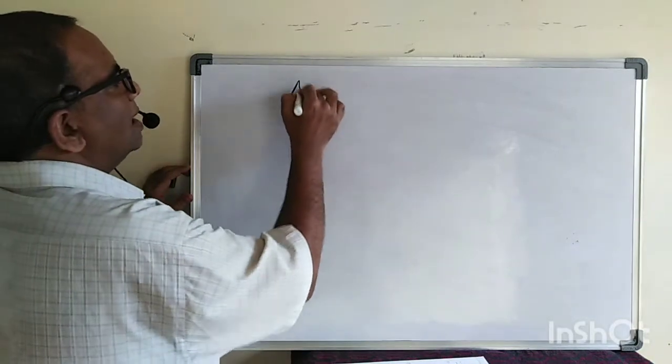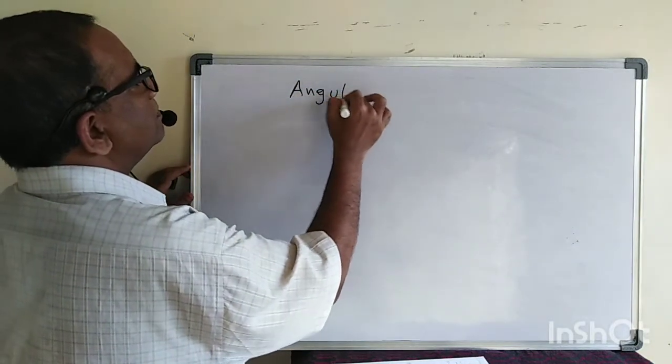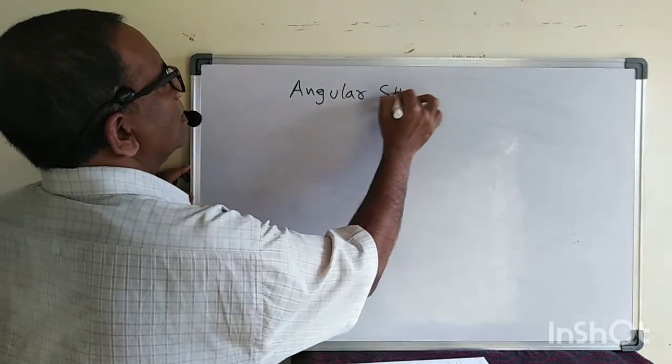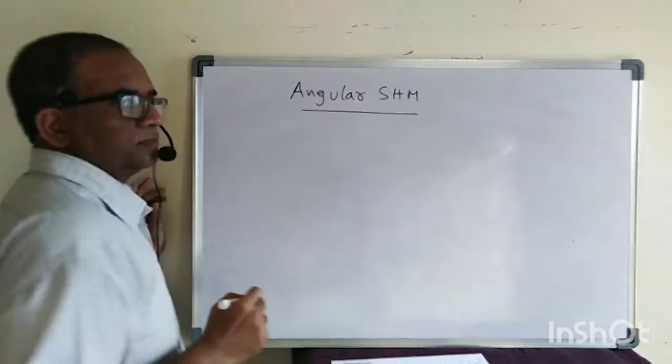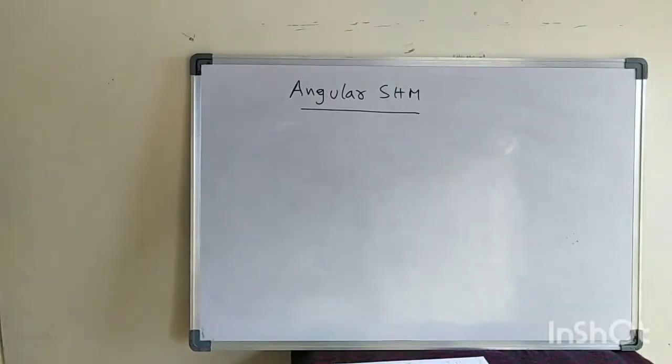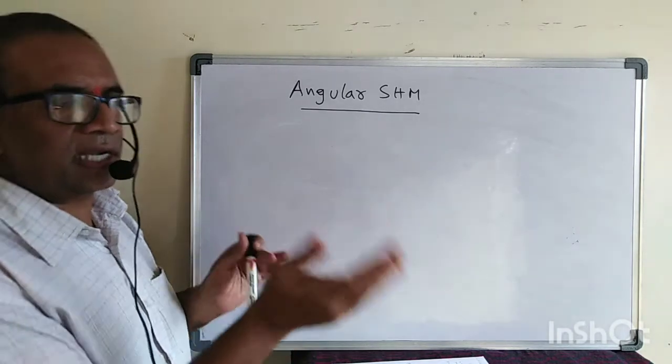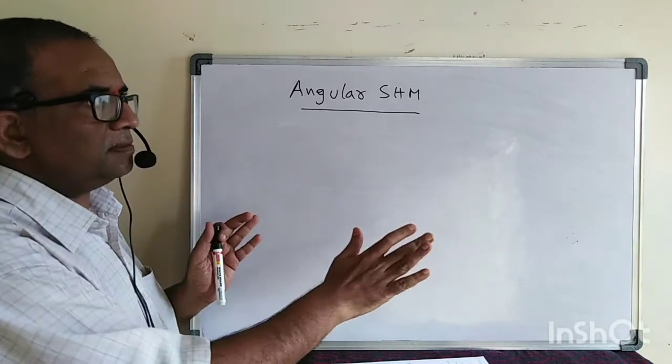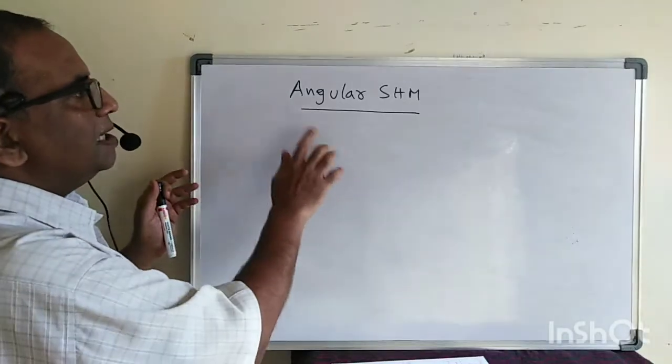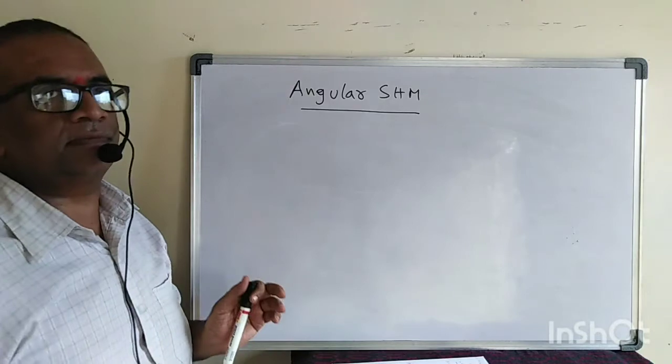See, this is called angular SHM. What do you mean by angular SHM? Angular SHM means, just like we have our regular SHM, that is linear SHM, similarly here we will discuss in terms of angle.